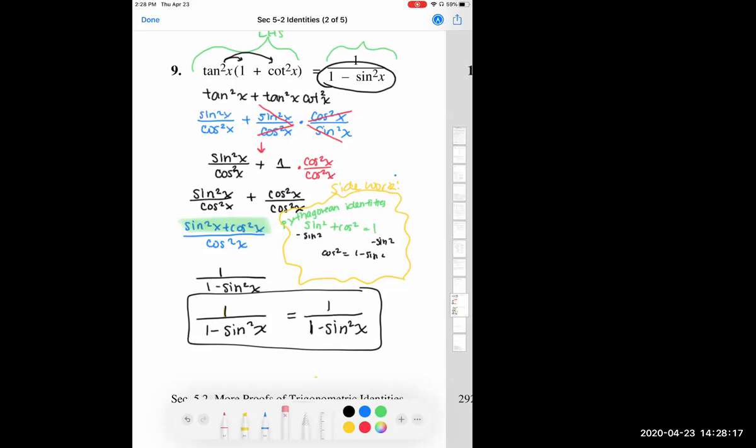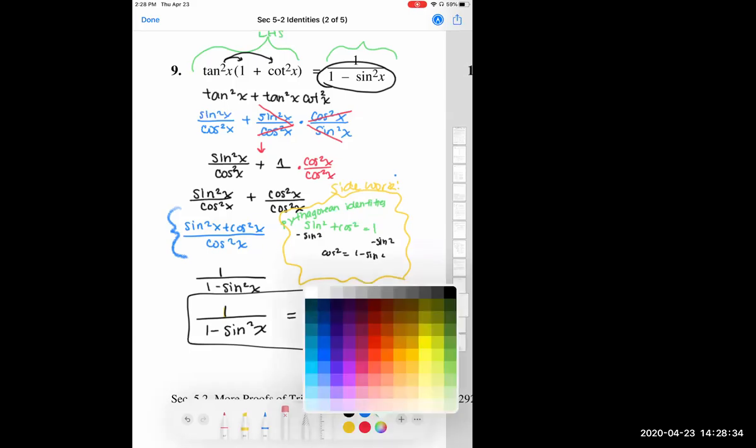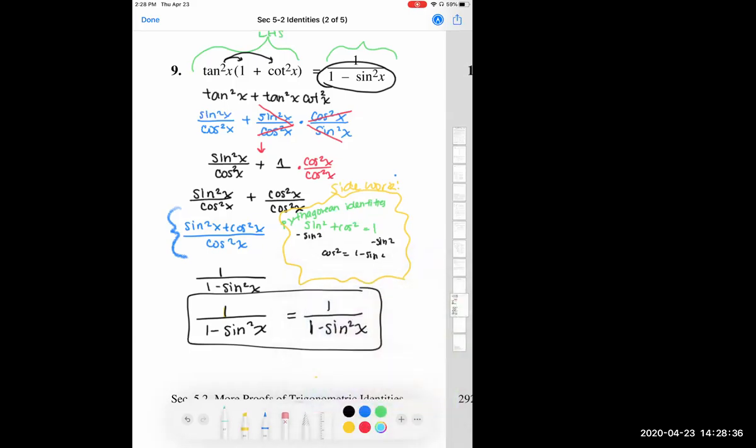Yes, of course. Are you okay with what happened here? How we got there? Yeah, I'm up to that point. Okay, so from there, we're going to manipulate our Pythagorean identities. We're going to use the fact that we have this Pythagorean identity. Now we can use any of these.